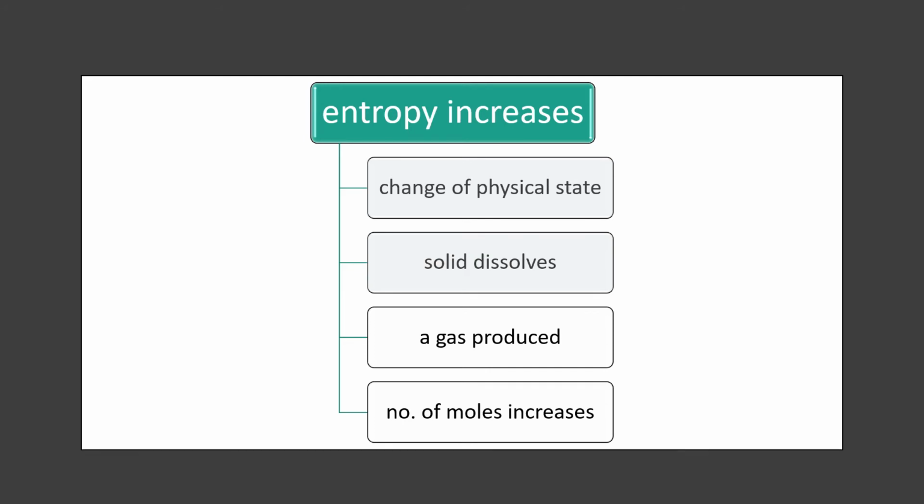Or when you have a solid dissolving to form aqueous ions, entropy will increase. Or when you have a gas being produced, or when you have number of particles increasing, all these will lead to an increase in the entropy, which means you would also expect a positive value for your entropy as well.